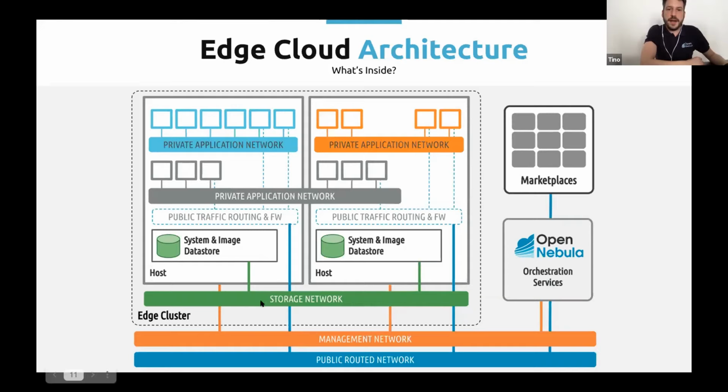This is a private OpenNebula network, and of course the management network and the public network. Okay, so with this networking, OpenNebula is able to control the physical hosts and also to launch workloads on top of these physical hosts, again, regardless of where these OpenNebula clusters are placed.